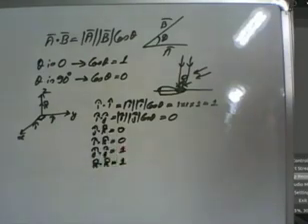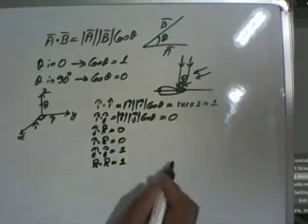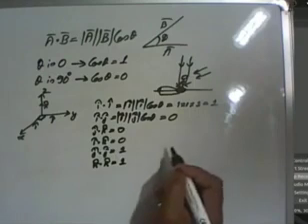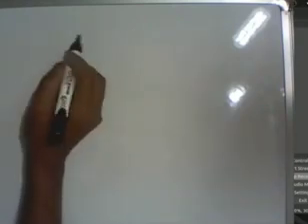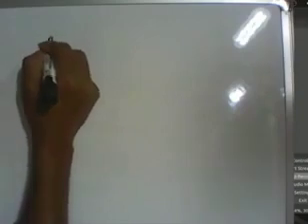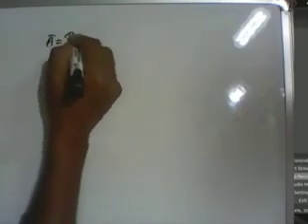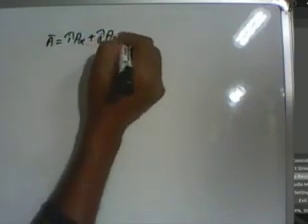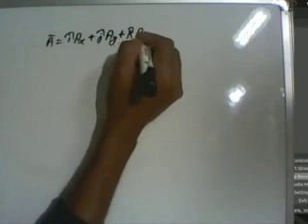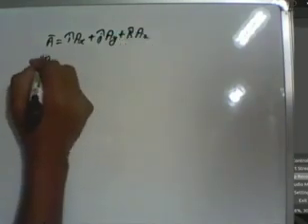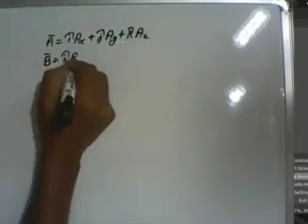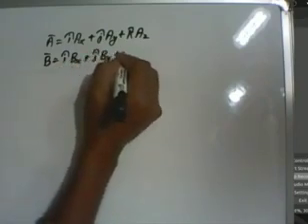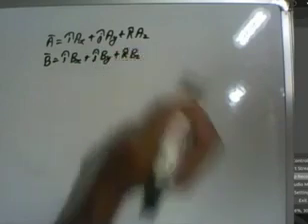So these values become important when we talk in terms of the scalar product of two vectors in component form. See what happens in component form. So A is equal to i ax plus j ay plus k az. B is equal to i bx plus j by plus k bz.